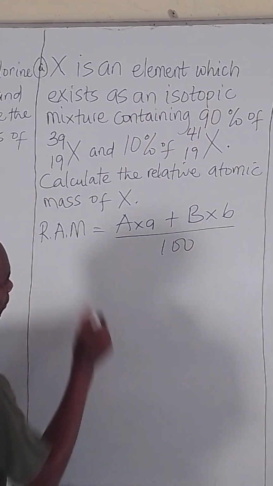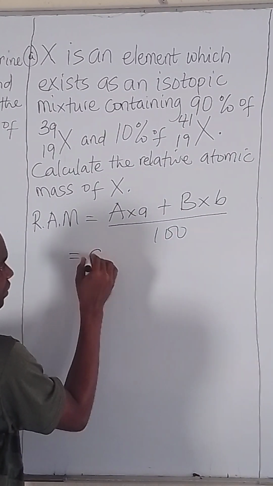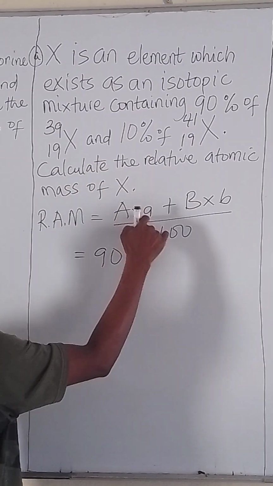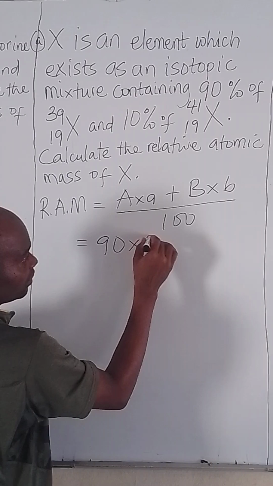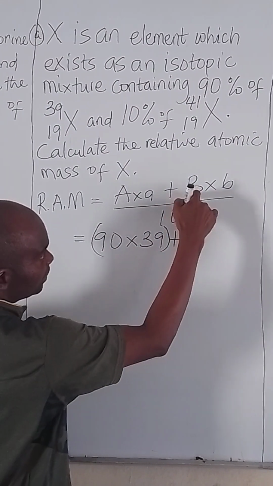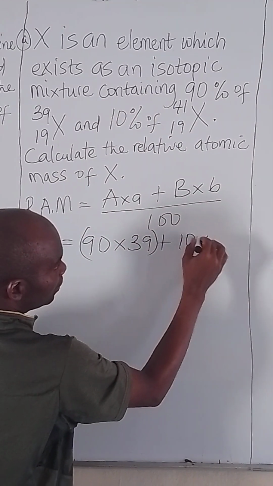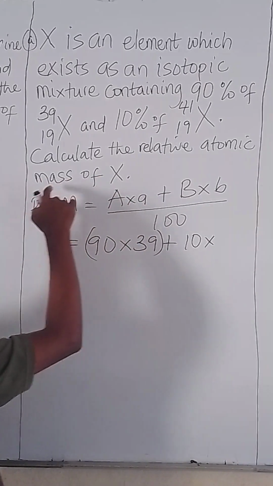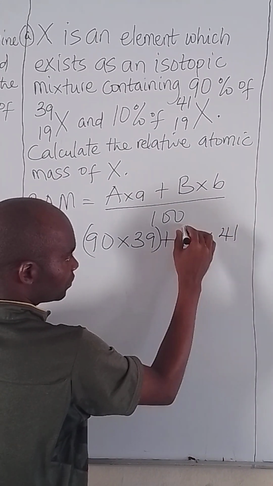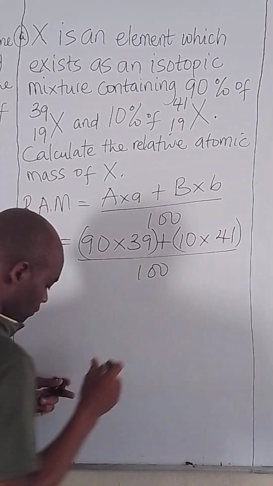So we substitute: capital letter A represents 90 times small letter a represents 39 plus capital letter B represents 10 times small letter b represents 41 all over 100.